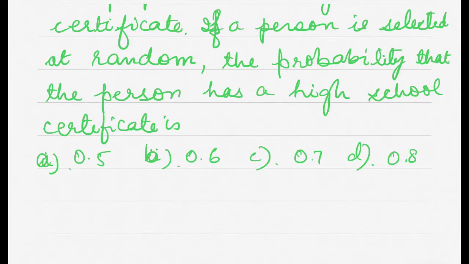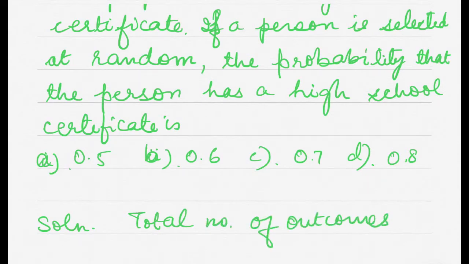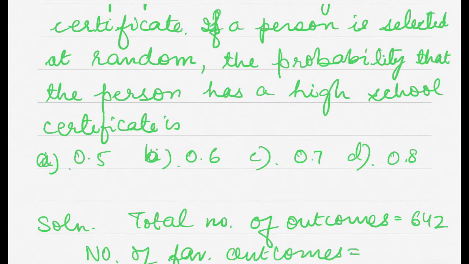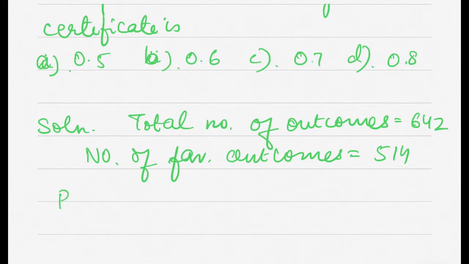I know it's a multiple choice question, so you think that you can just write down the option, but you can't, because you can't directly find the answer. You have to write down the solution. Total number of outcomes are given in the question as 642, and people who have a high school certificate are my favorable outcomes, so the number of favorable outcomes is 514.